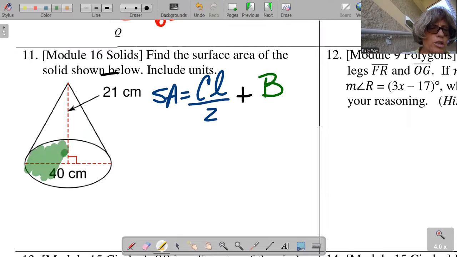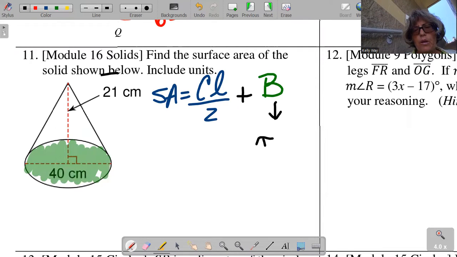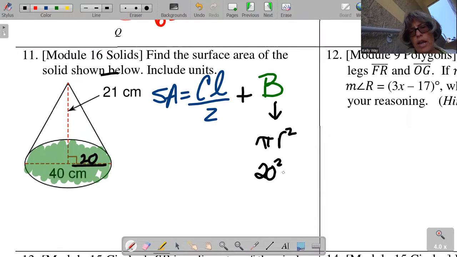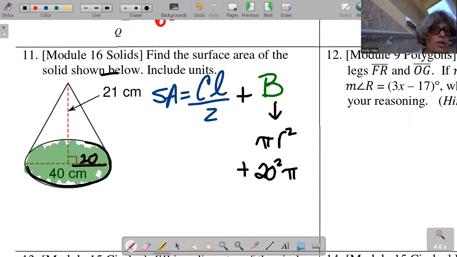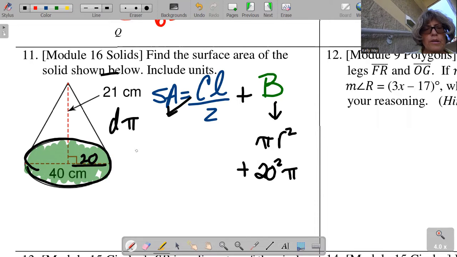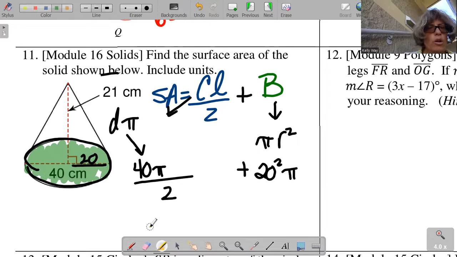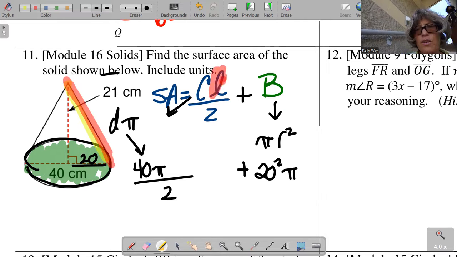The base, we're going to just do the base right off the bat. The base is a circle, pi r squared. Radius is going to be 20, so this is 20 squared and pi. I'm going to leave that right there. Now circumference is d pi. So that's 40 pi over 2. We are missing, if you look very carefully, we are missing our slant height.